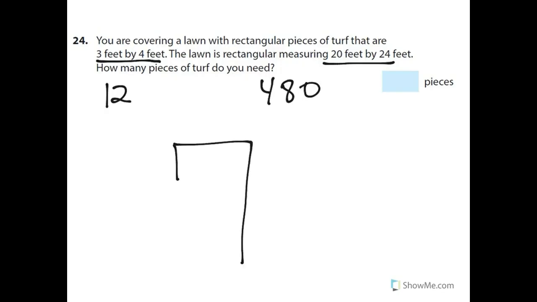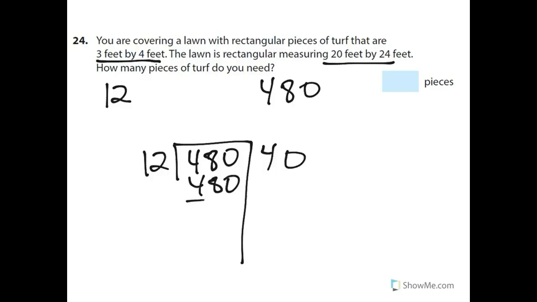Well, you've got to do 3 by 4, which is 12. You've got to do 20 by 24, which is going to be 480. And you've got to have 12 into 480. Now, I can do this two ways. I know that 4 times 12 is 48. So 40 times 12 is 480.